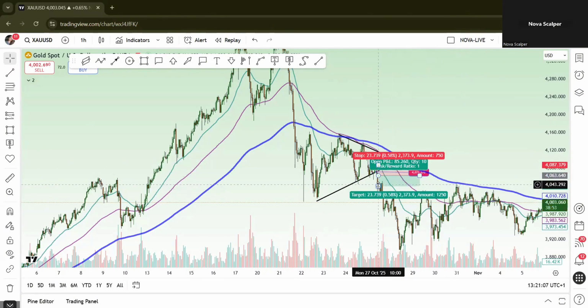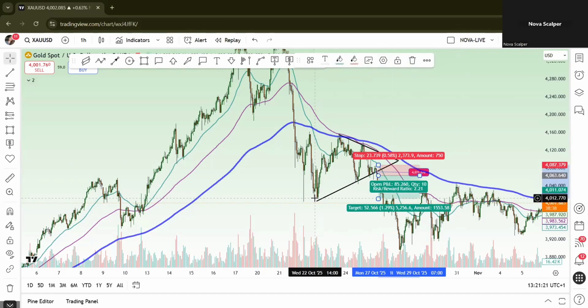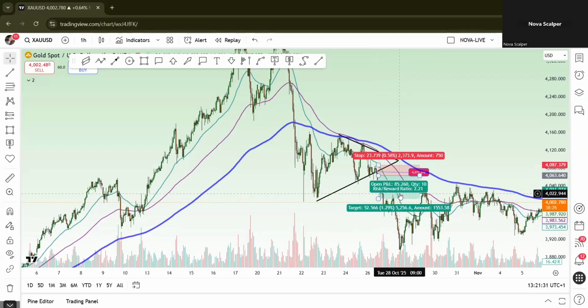And if we hope for a bigger target take profit, you can move this take profit to the next previous low. Okay, and so that's it. You can see that our risk reward ratio is increased up to 2/1.